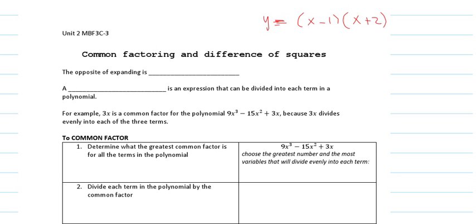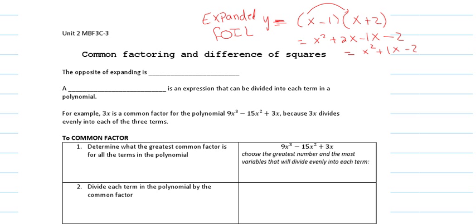So we expanded using the process FOIL to get from this form to the standard form, which in this case is going to be this.